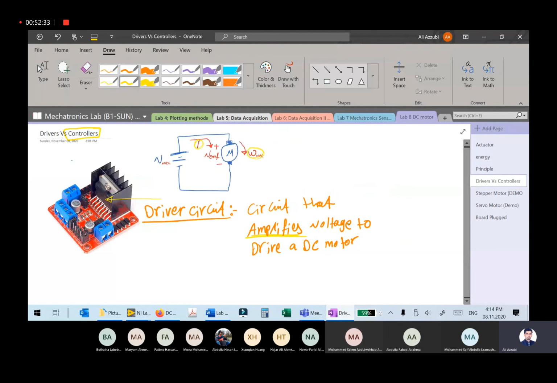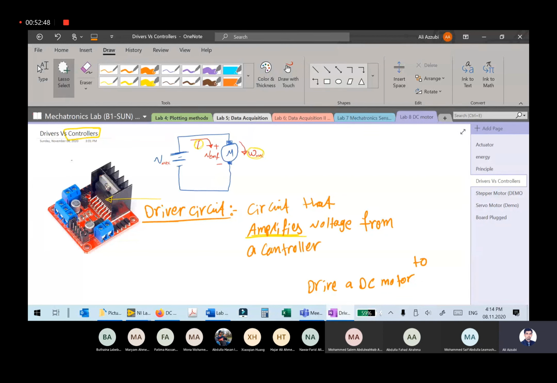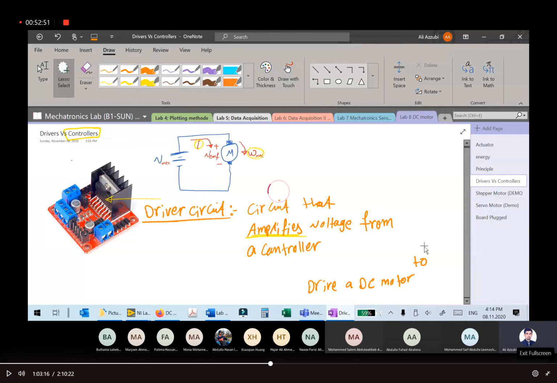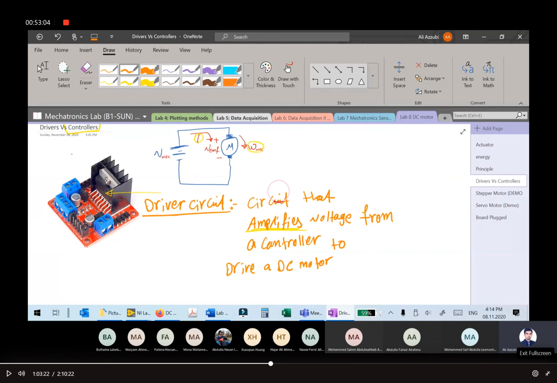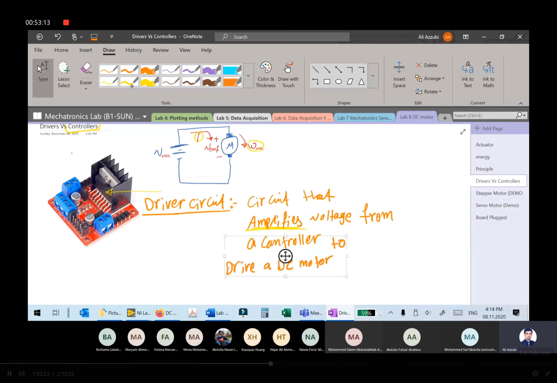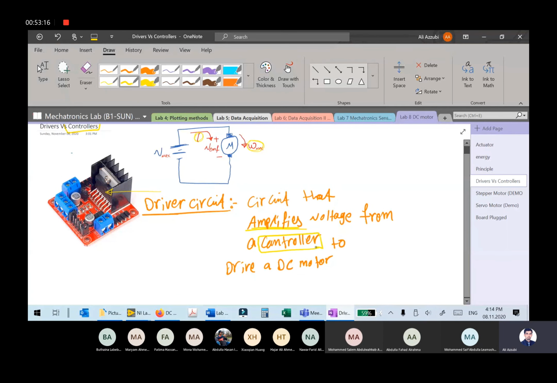So it amplifies voltage from a controller to drive a DC motor. A controller simply is like a thinking device.